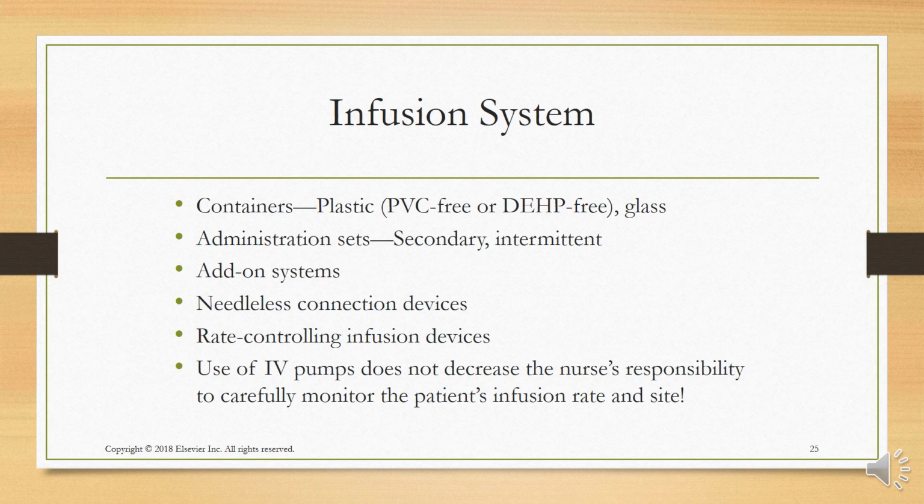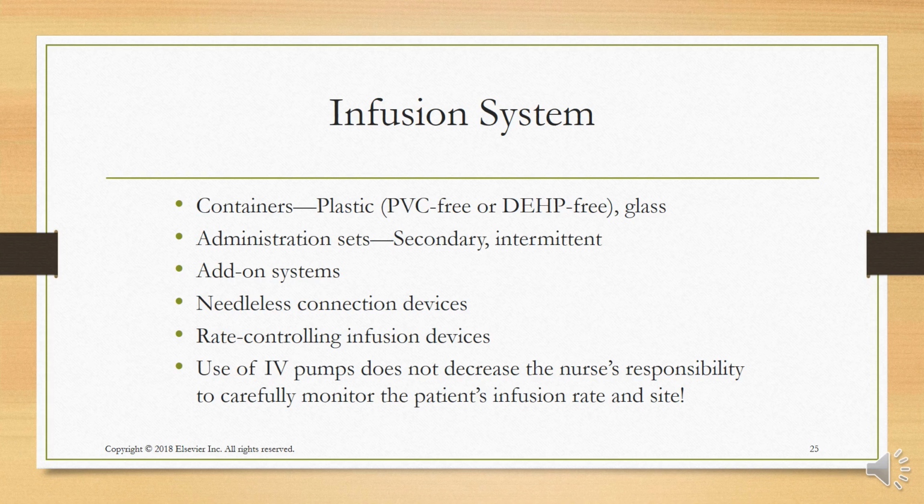So our infusion systems, you're going to have either a plastic or a glass container, and your plastic will be PVC free or DEHP free. And administration sets, you're going to have a primary set or a secondary set for intermittent administration of medications.